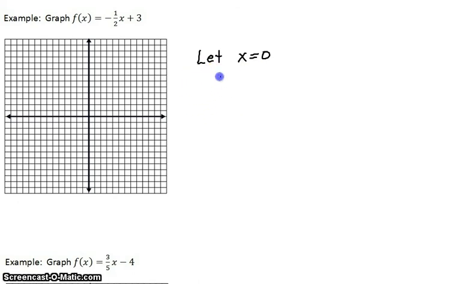So we need to find out what the y value is that corresponds to it. I need to find out what f at 0 is, or the y value when x is 0. So I need to plug in 0 for x and figure out what that's going to be for y.